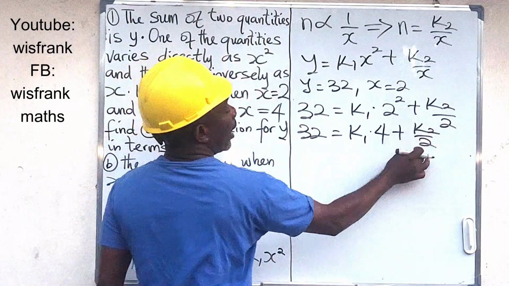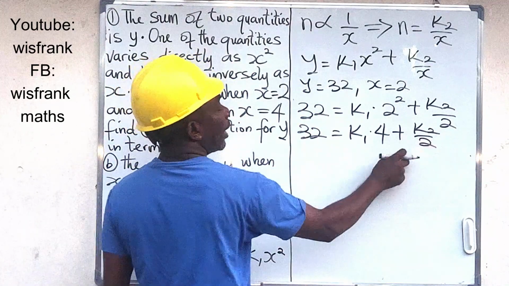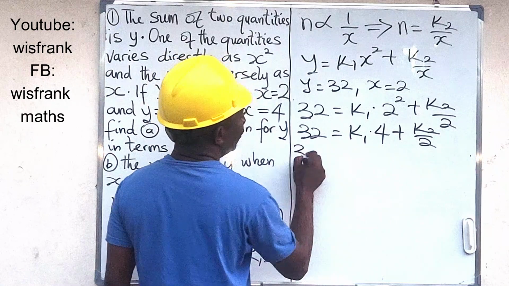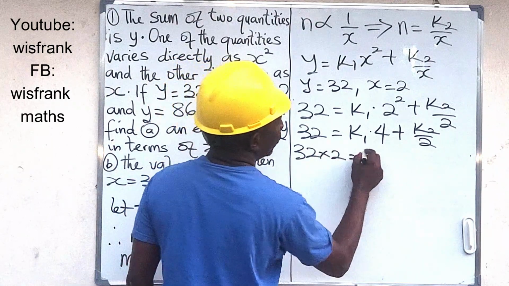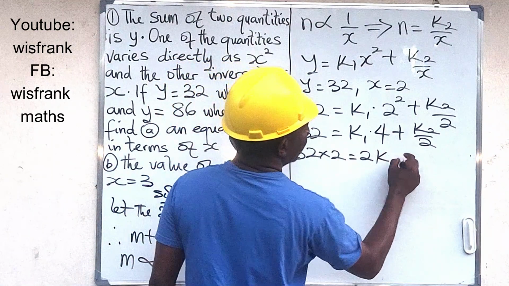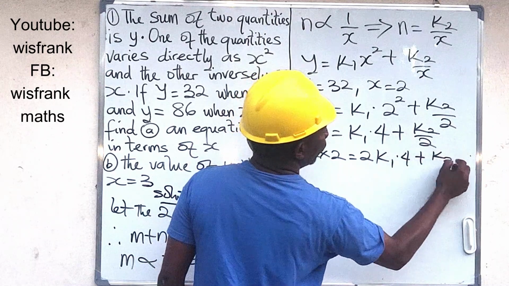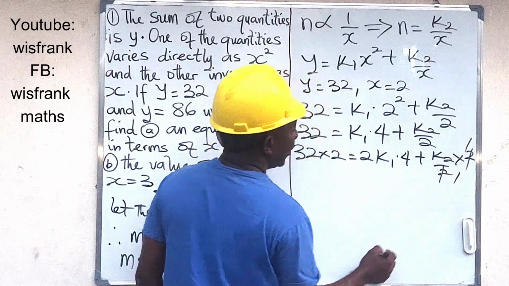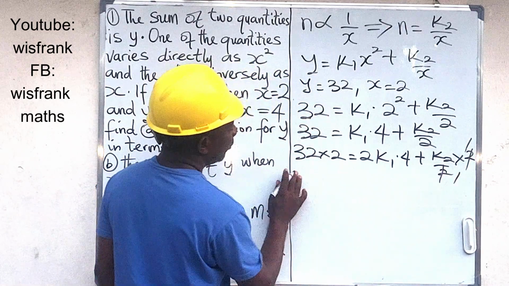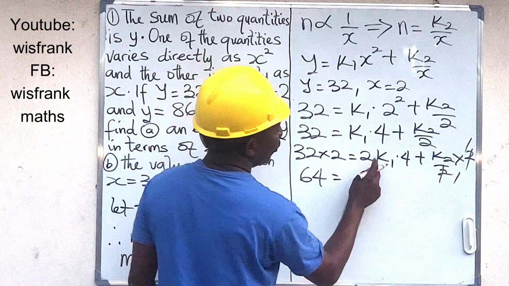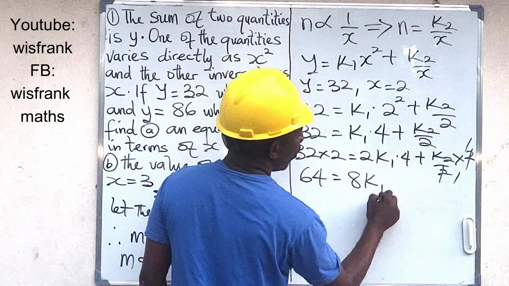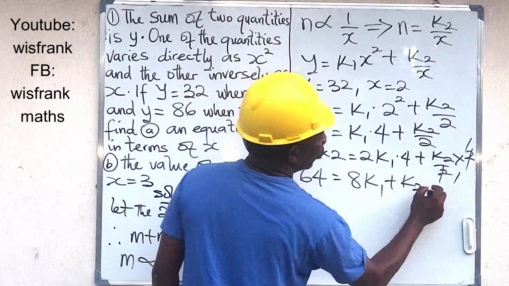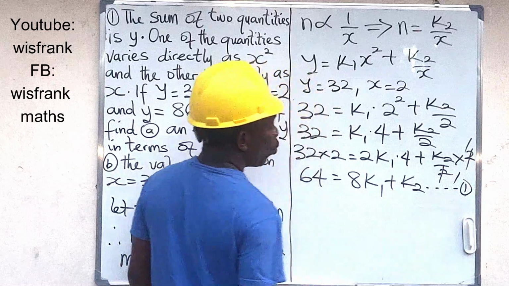We have a fraction here. To clear this, we multiply all through by 2. So we have 32 times 2 equals 2 times k1 times 4 plus k2 all over 2 times 2. So 2 will cancel here and 2 will cancel here. We are now left with 32 times 2 is 64 equals 2 times 4, we have 8 k1 plus k2. So there we have equation 1.